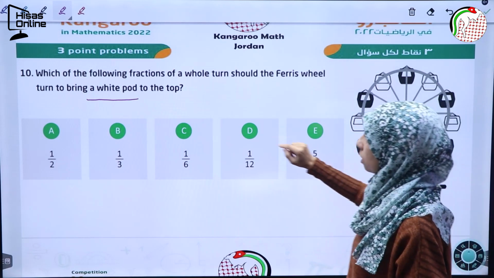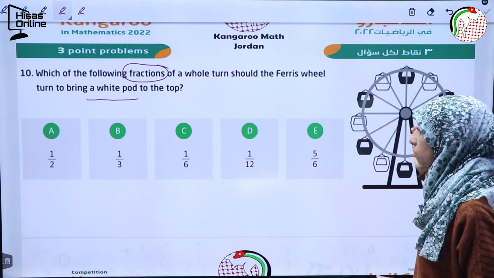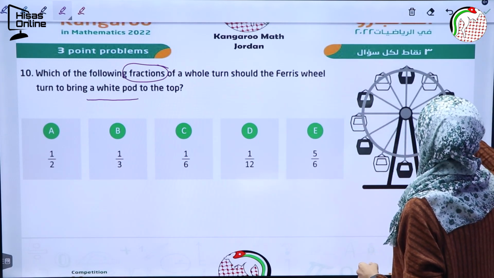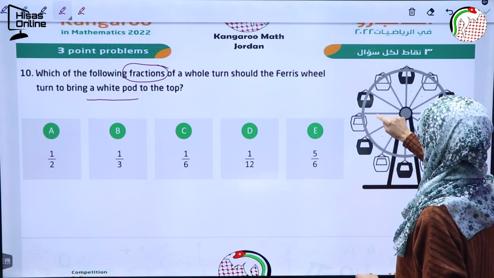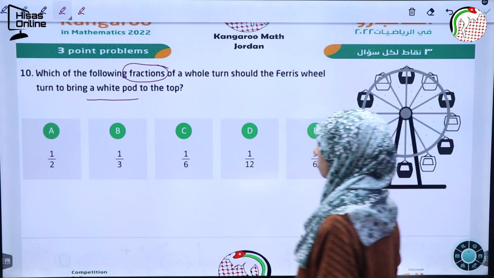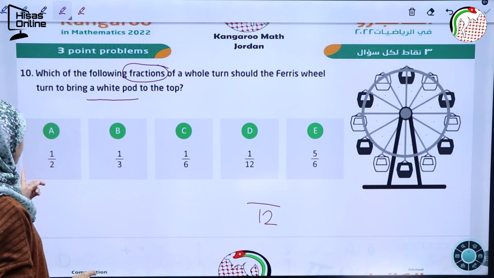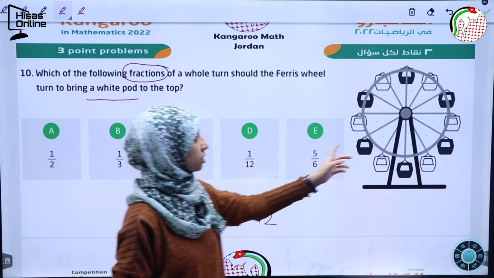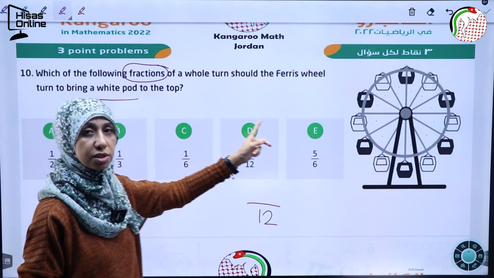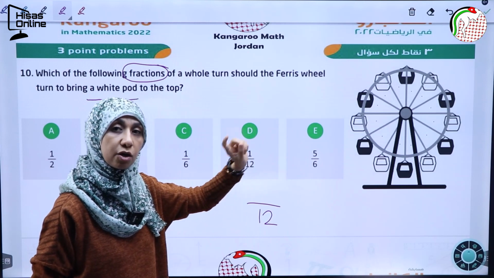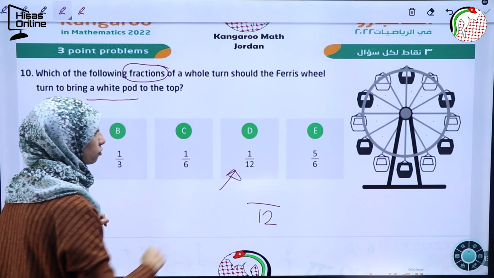First of all, they are asking us for a fraction. So let's see the total number of the whole. Starting here, 1, 2, 3, 4, 5, 6, 7, 8, 9, 10, 11, and 12. So I have out of 12. But be careful, I have to make sure of the number here to avoid any conflict if the options had any equivalent fractions. So this might be my answer, but I have to double check.